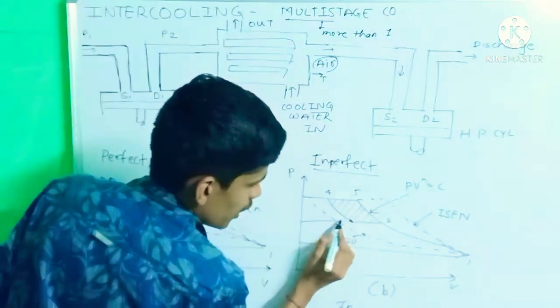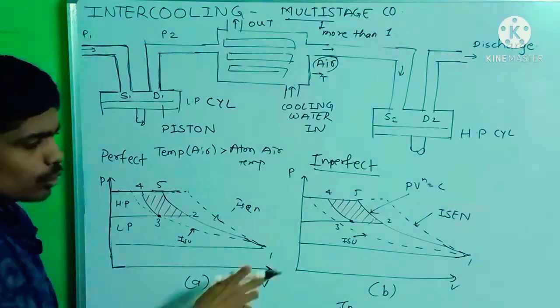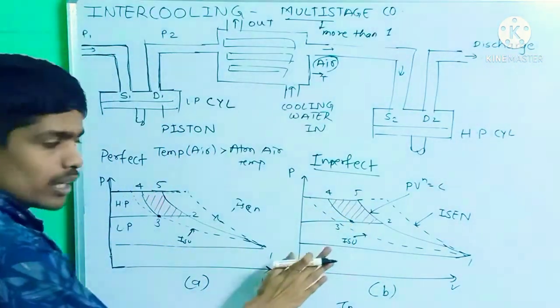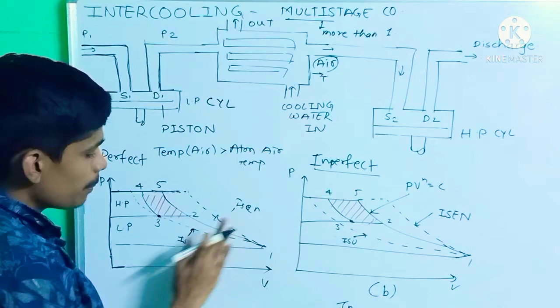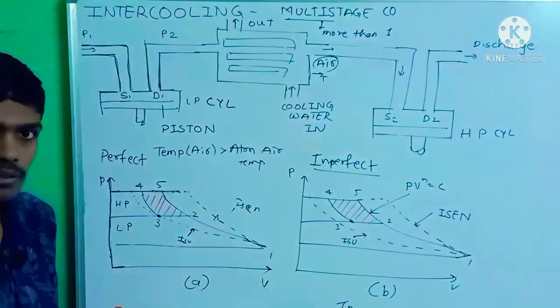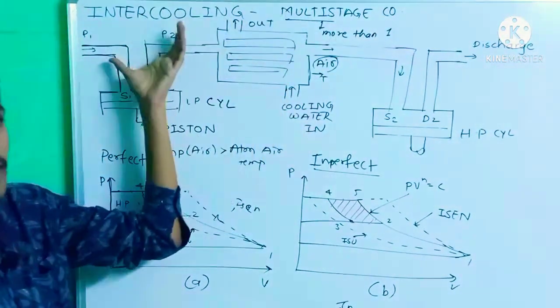Your point 3 does not lie on this isothermal curve, therefore work done increases. So work done here will be more as compared to perfect intercooling, so perfect intercooling is preferred. So this is the concept related to multi-stage compression and intercooling.